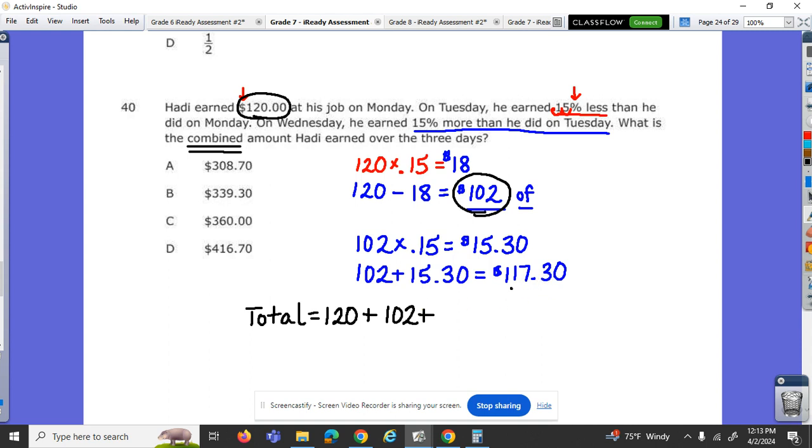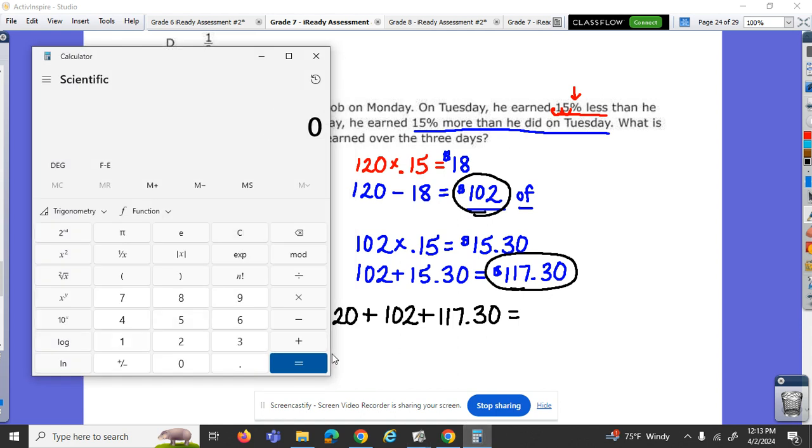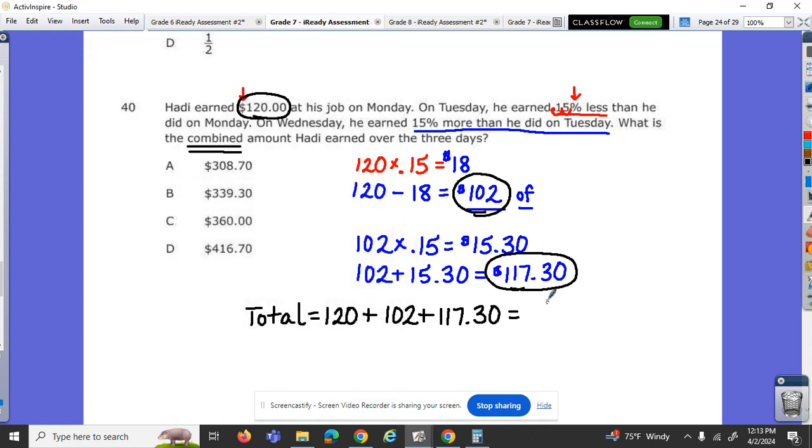And 117.30 for Wednesday. All right, let's get all that together. All right, there we go, 339.30, and that is our final answer, which would be letter B.